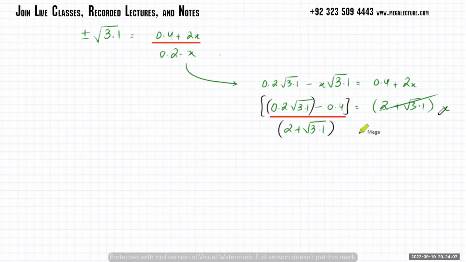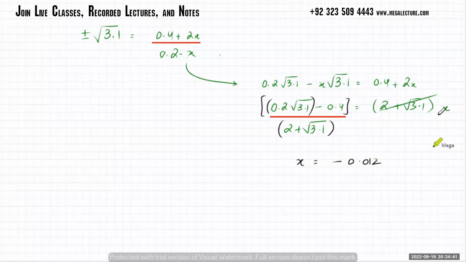So what do you get for the first value of x? Minus 0.012. That's one value of x.